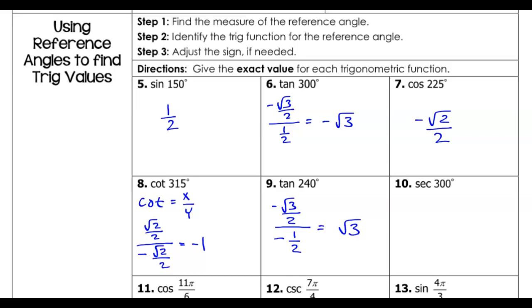Now remember, the secant is really just going to be the inverse of the cosine, so this is just 1 over the x coordinate. If you look at the cosine of 300 degrees, the cosine is 1/2. So if you flip over 1/2, that's just going to be 2 over 1, which is really just 2. And it's positive.